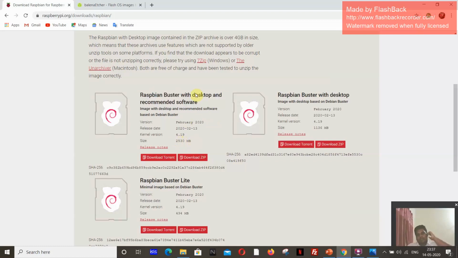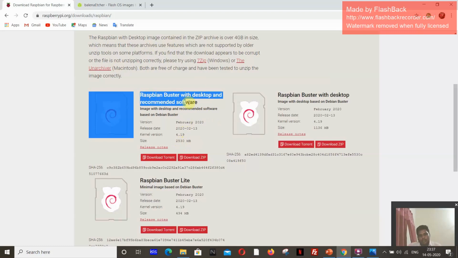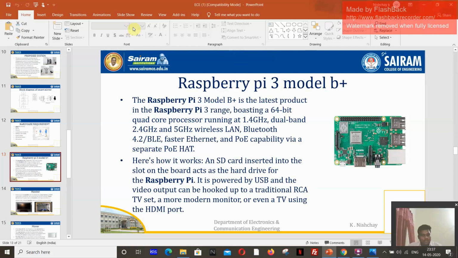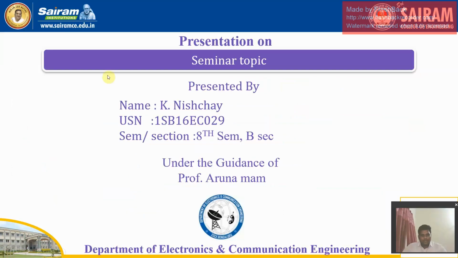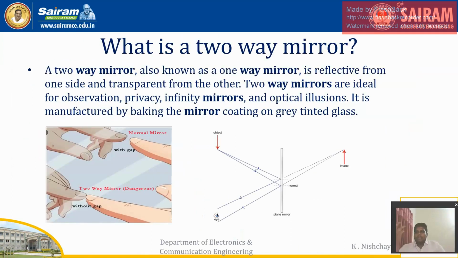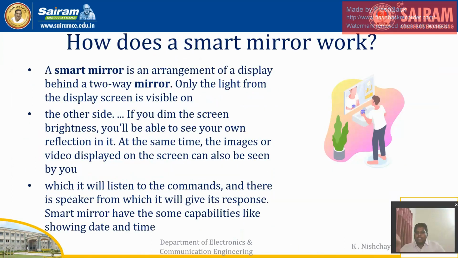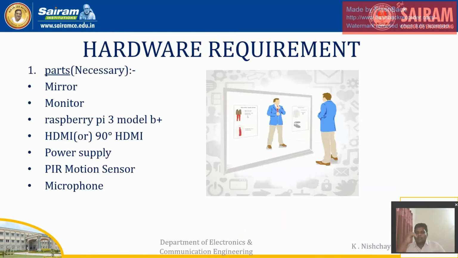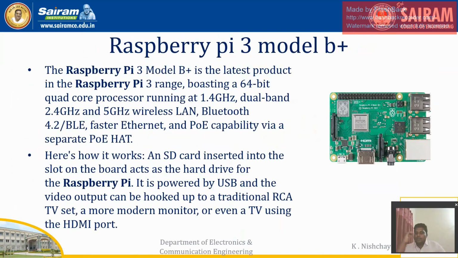So we require this software to dump into the Raspberry Pi, so that it is easily programmable for the LCD screen. When the connection is given properly, it automatically displays the date and time, which is all we require. We can give the command so that it automatically displays on the screen.